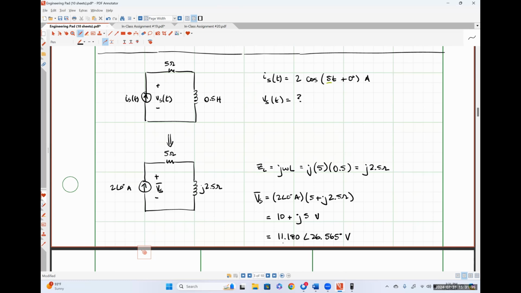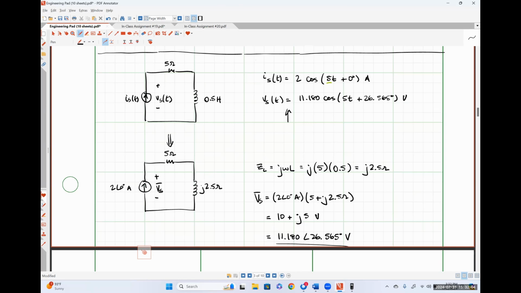How would I take this phasor voltage and convert it back into the time domain like I'm asked to up here? It would be 11.18 cosine, and then you'd use that same angle, which would be 5t plus 26.565 degrees.